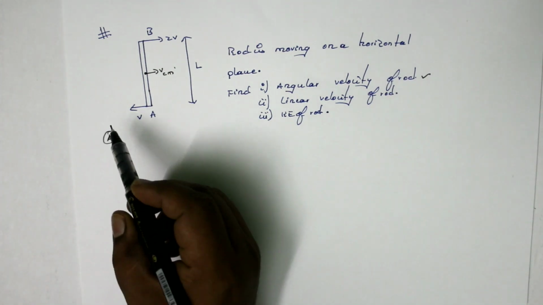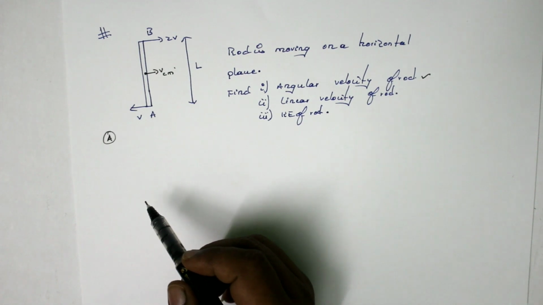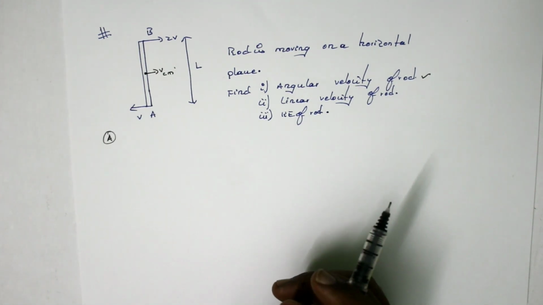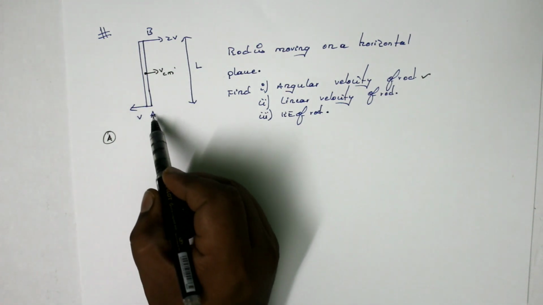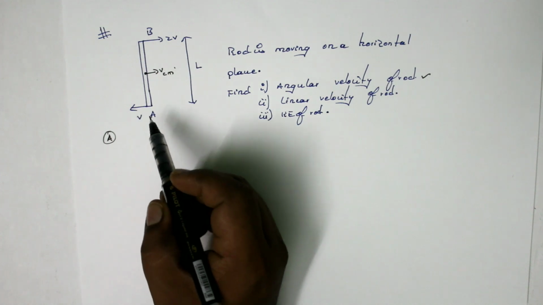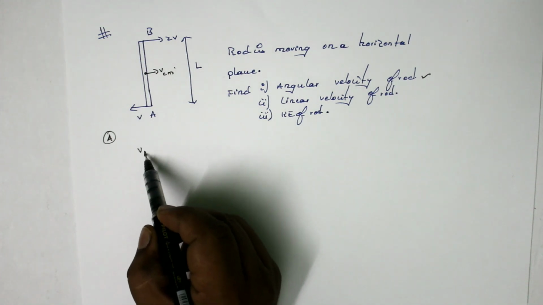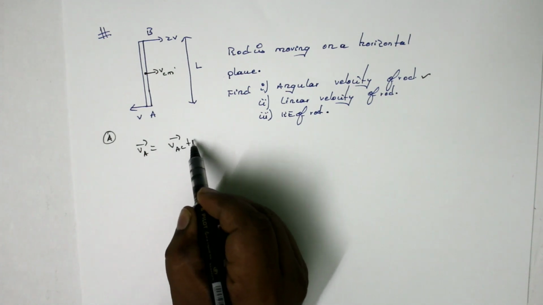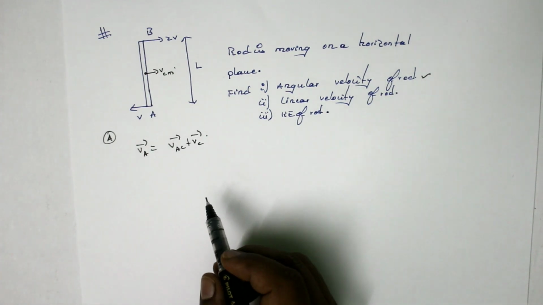How can I write two equations? In kinematics we have already studied how to write relative velocity equations. For example, this is the velocity of point A, which I call VA. So I can write VA equals VAC plus VC. This is how I can write.